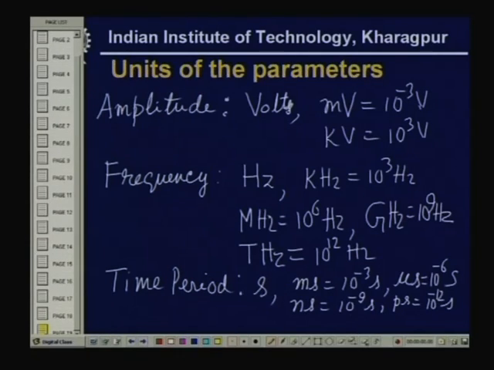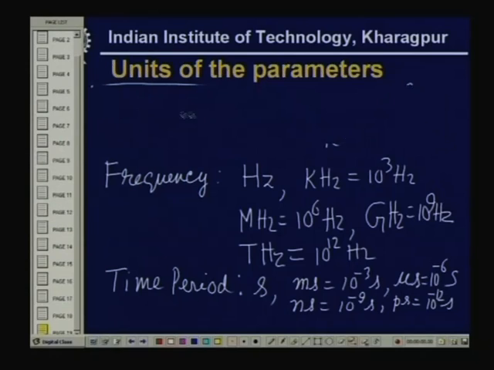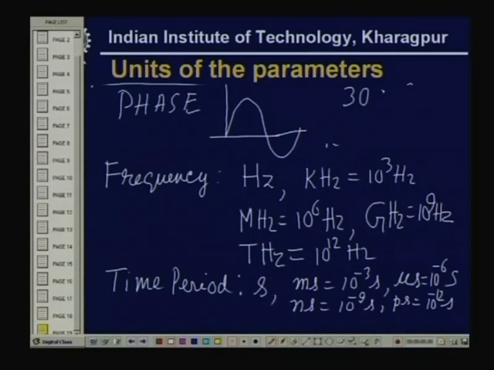Similarly, we can have units for phase. We have seen that within one cycle the phase can vary 360 degrees.